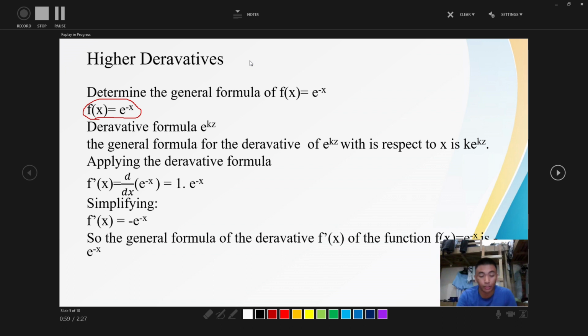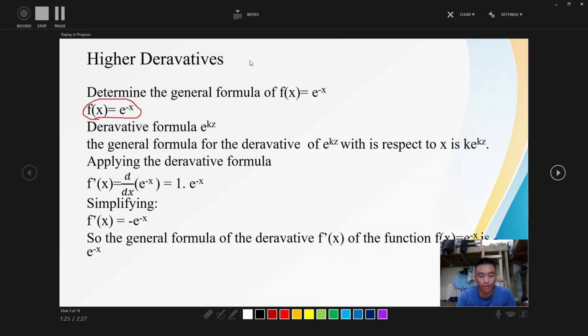The interpretation of this is that the negative sign in e^(-x) indicates that as x increases, the function f(x) equals e^(-x) is decreasing. In other words, the rate of change of the function is negative, suggesting a decreasing exponential behavior.